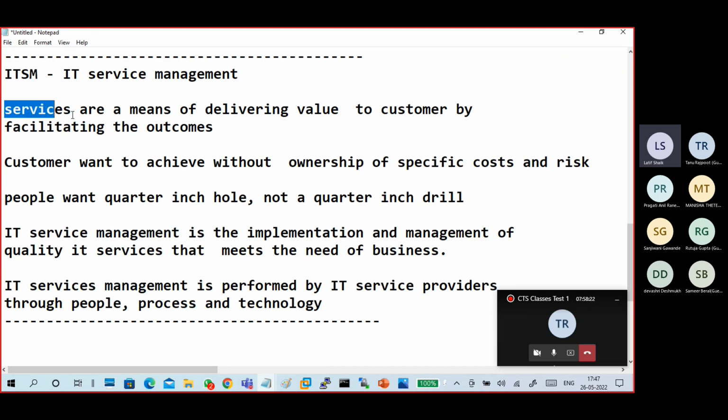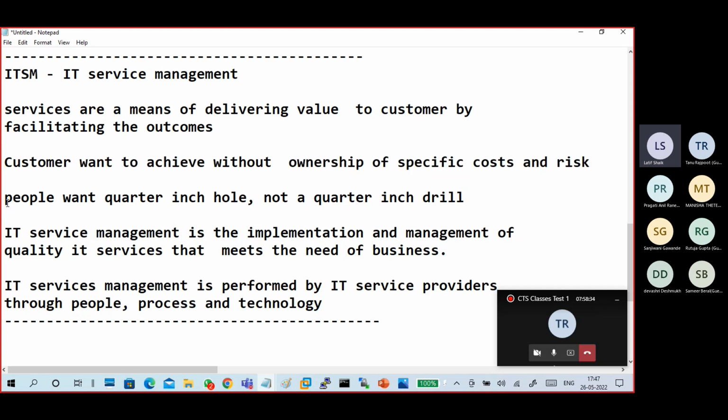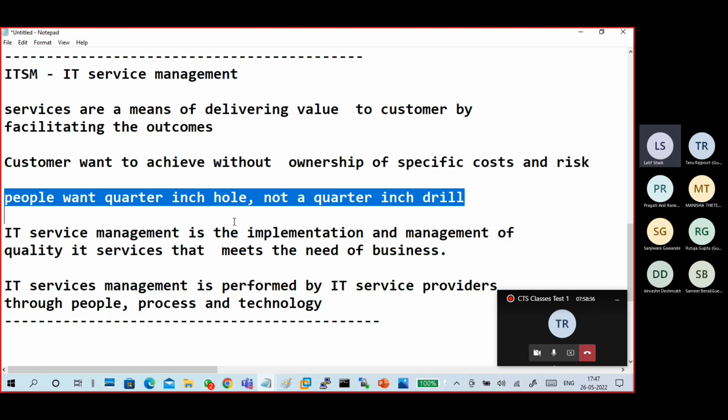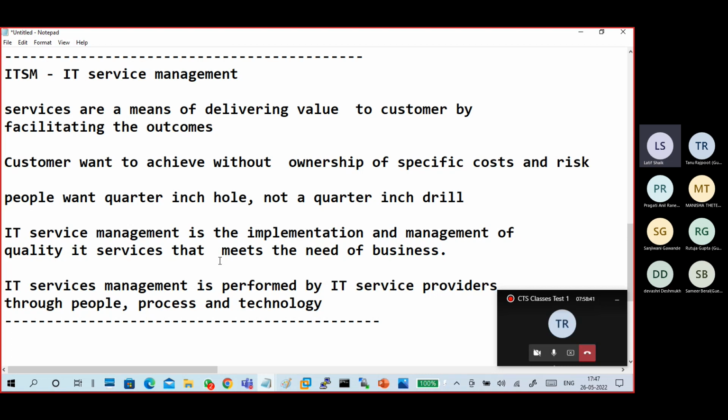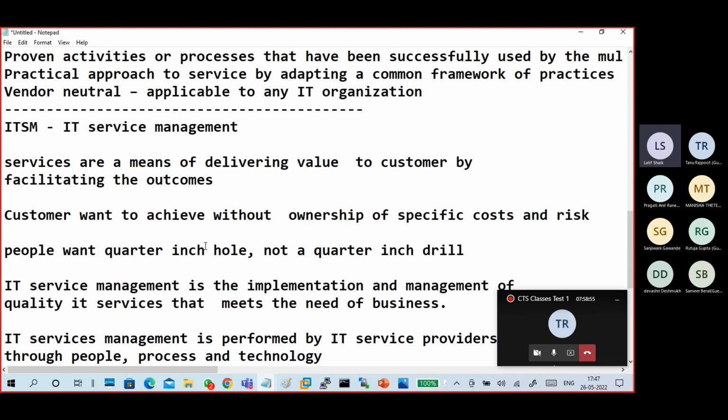Services are a means of delivering value to the customer by facilitating outcomes the customer wants to achieve without ownership of specific cost and risk. People want a quarter-inch hole, not a quarter-inch drill. IT service management is the implementation and management of quality IT services that meets the need of a business, performed by the IT service provider through people, process, and technologies.